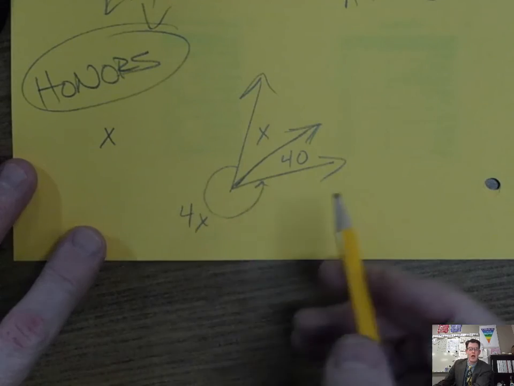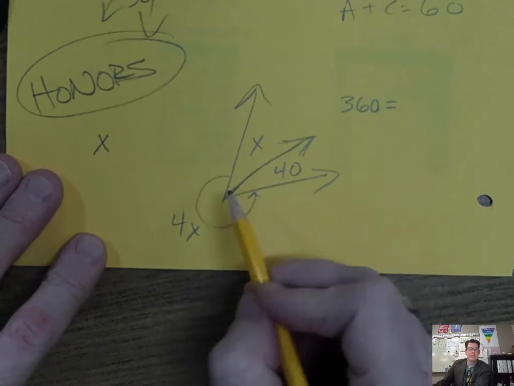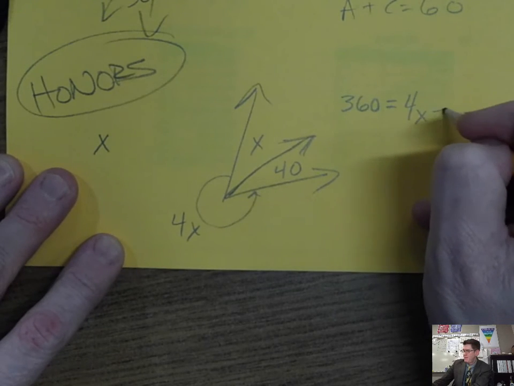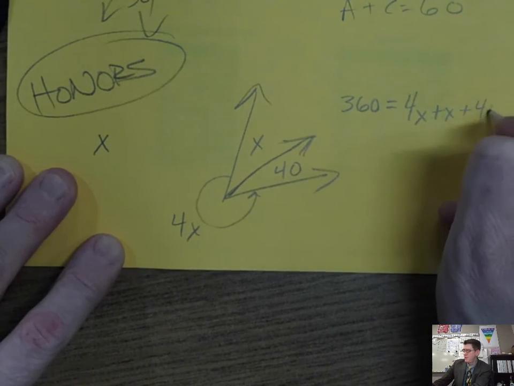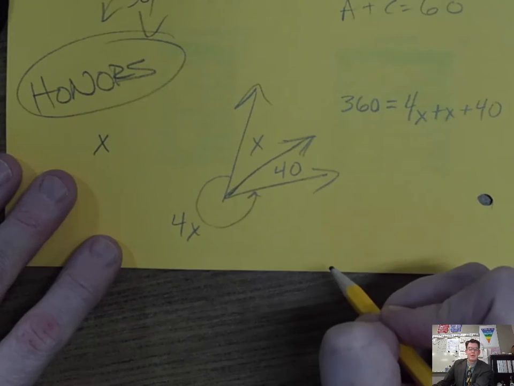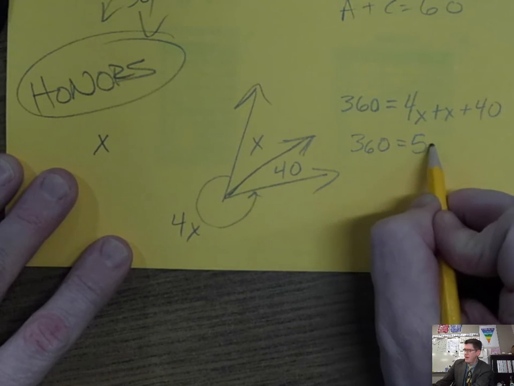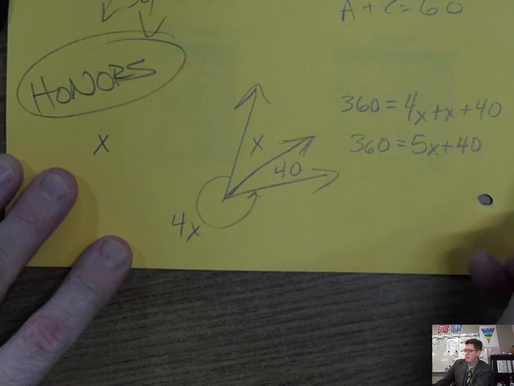Well, you know that all the way around is 360. So 360 is all of these added together. 4X plus X plus 40, all of that together equals 360. So those are 5X's plus 40.